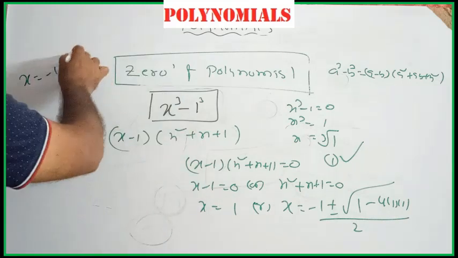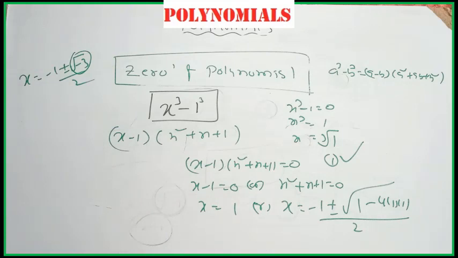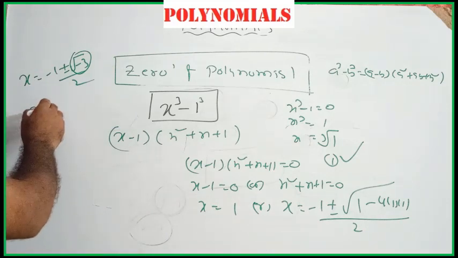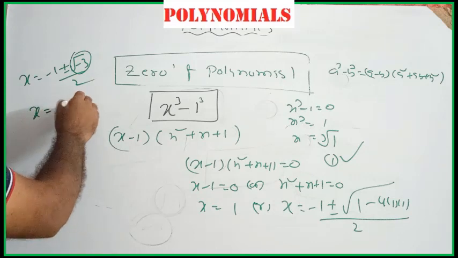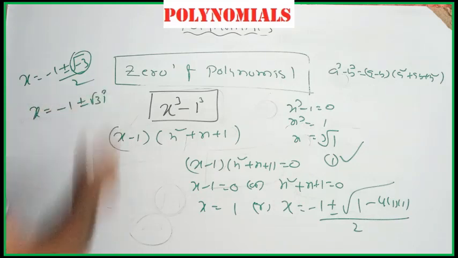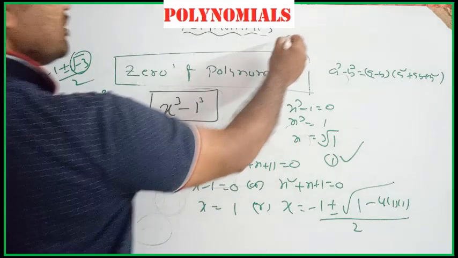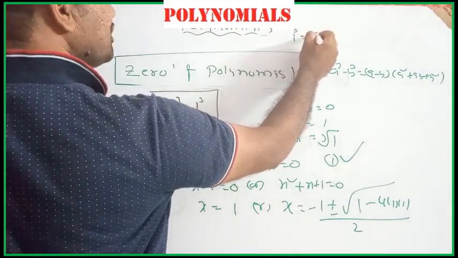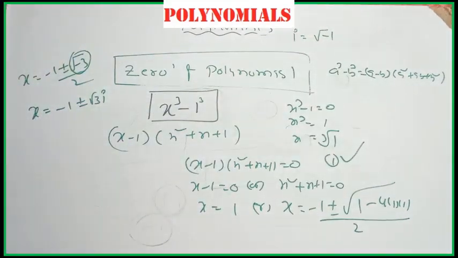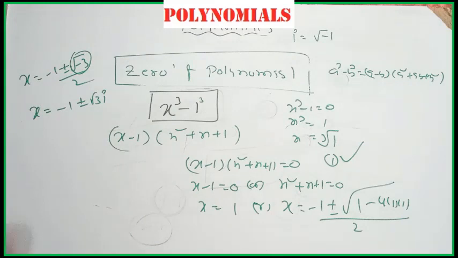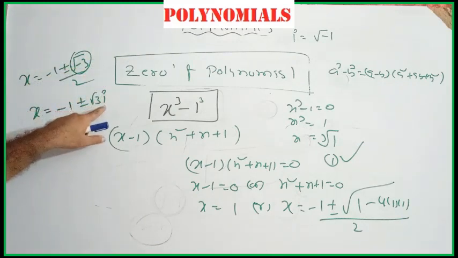Root over minus 3 is not a real number, it is a complex number. Another way I can say the zeros are minus 1 plus or minus root 3 i, because already you know that iota means root over minus 1. So root over 3 into root over minus 1, so root 3 into i I can write.